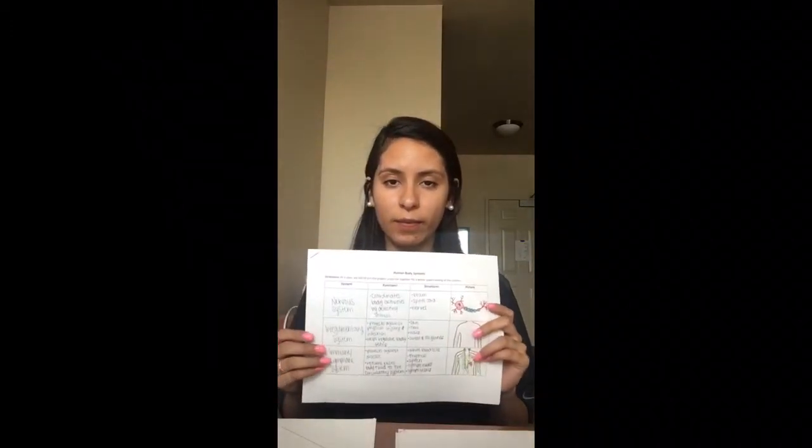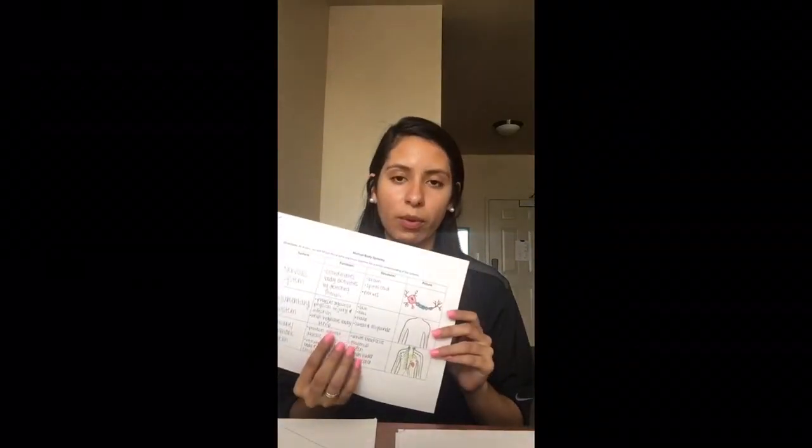Then for our post-reading strategy, we have this graphic organizer. We'll name the system and its functions, its structures, and we'll draw a picture to help us remember what that looks like, and we'll do this as a class.